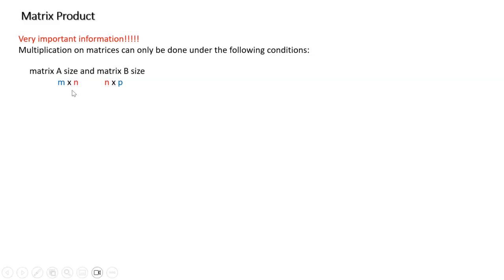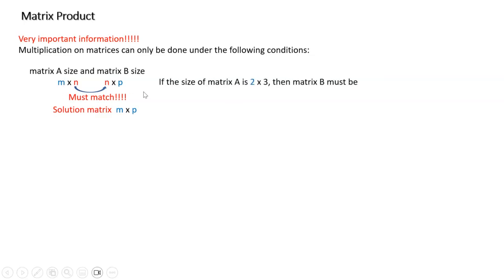Matrix B must be n by p, which means the two numbers in the middle must be the same. If they're the same, then the operation can be done. They must match. And the answer will be the outer numbers, m by p.